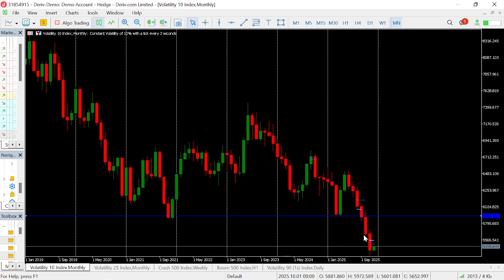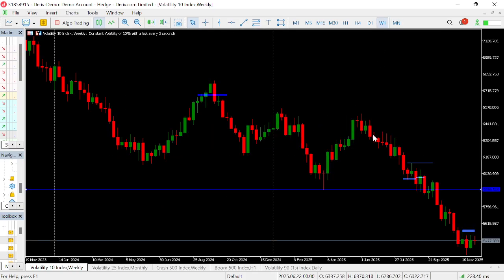Now, one thing, price has dropped massively, so it's only okay that we begin to expect bullish pressure, and we can see the current month is already creating bullish candlesticks. So let's look at the weekly time frame.